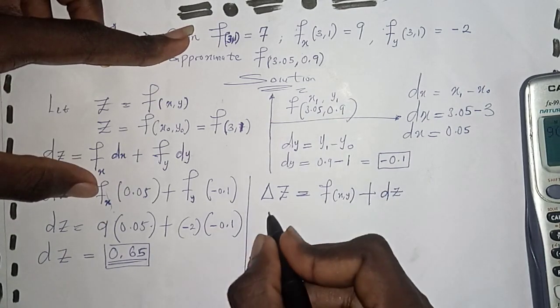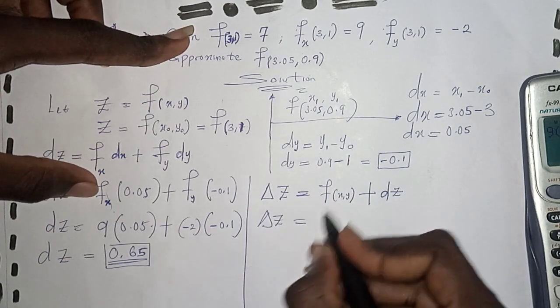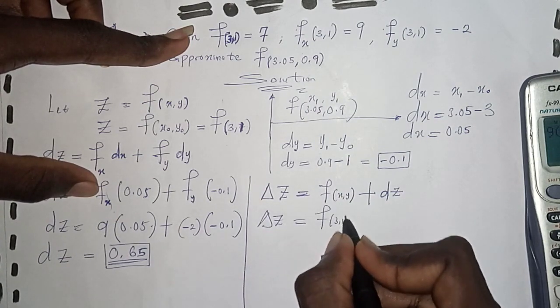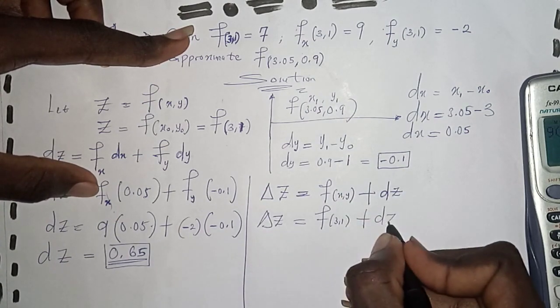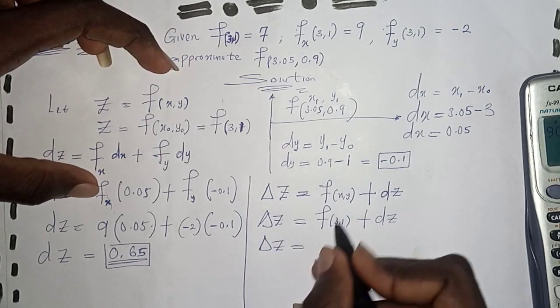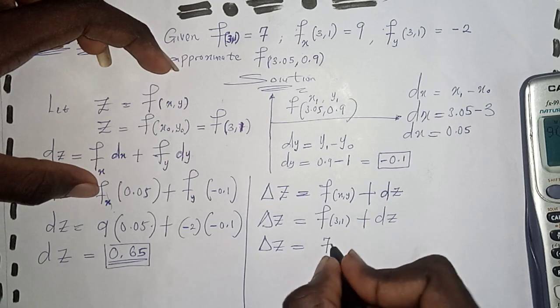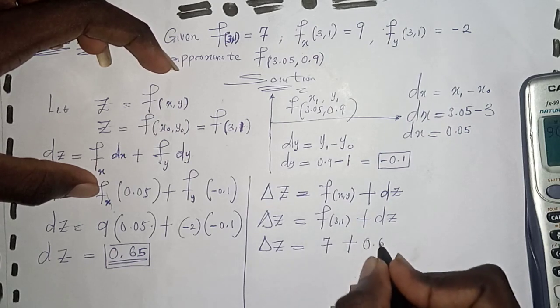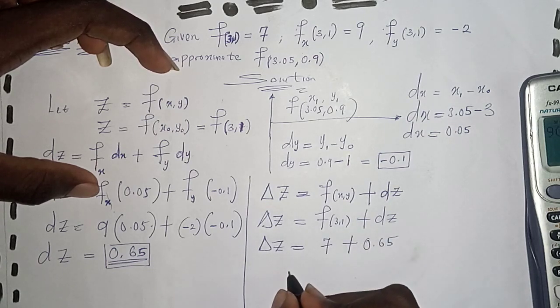So that's all. So the final answer to this simply implies that you have f of 3, 1 plus the final answer we have. So therefore, change in z is equal to, an approximate value for this is, f of 3, 1 is given as 7. So it will be added to 0.65.